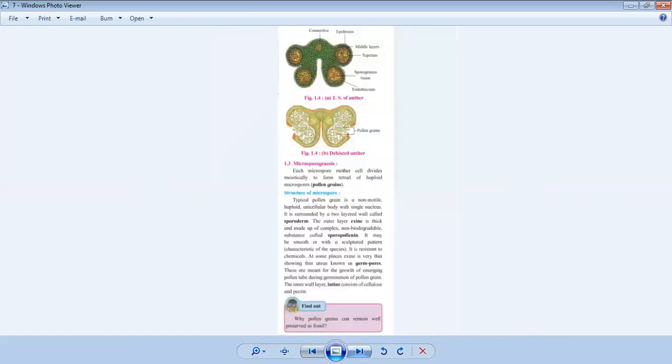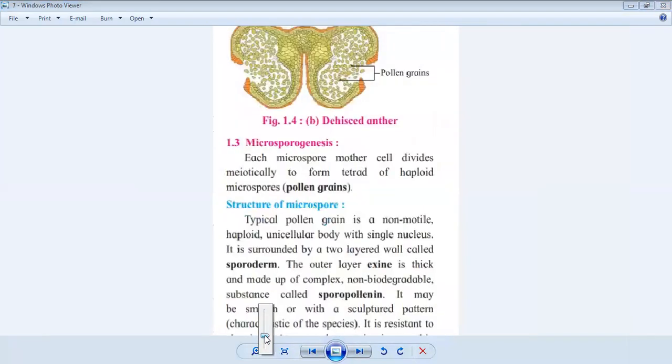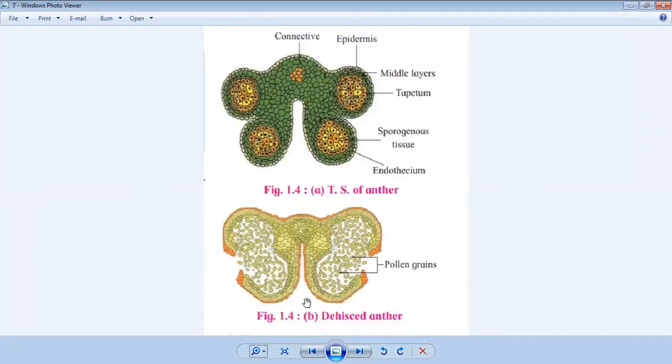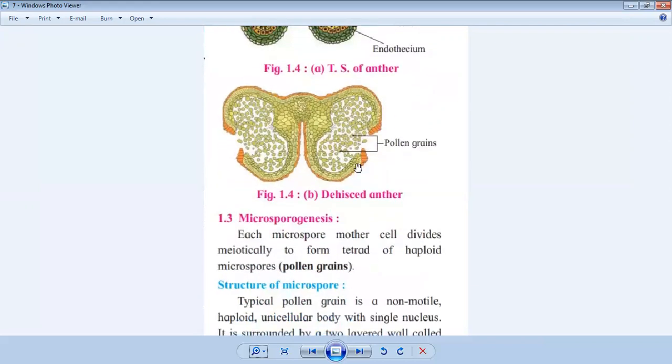In the previous lecture, we also discussed the diagrammatic representation of the TS of anther. There are four pollen chambers: 1, 2, 3, and 4. After maturity of the anther, the anther lobes, or pollen chambers, merge.